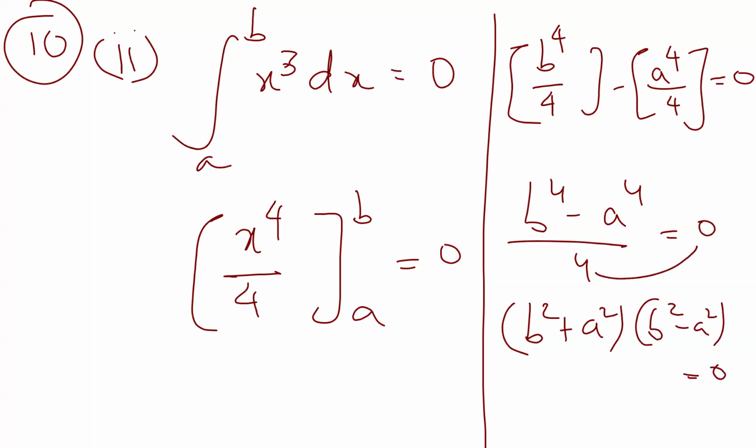The 4 went over here. So b square plus a square times b square minus a square is equal to 0. So two cases over here: b square plus a square equal to 0, or b square minus a square is equal to 0.